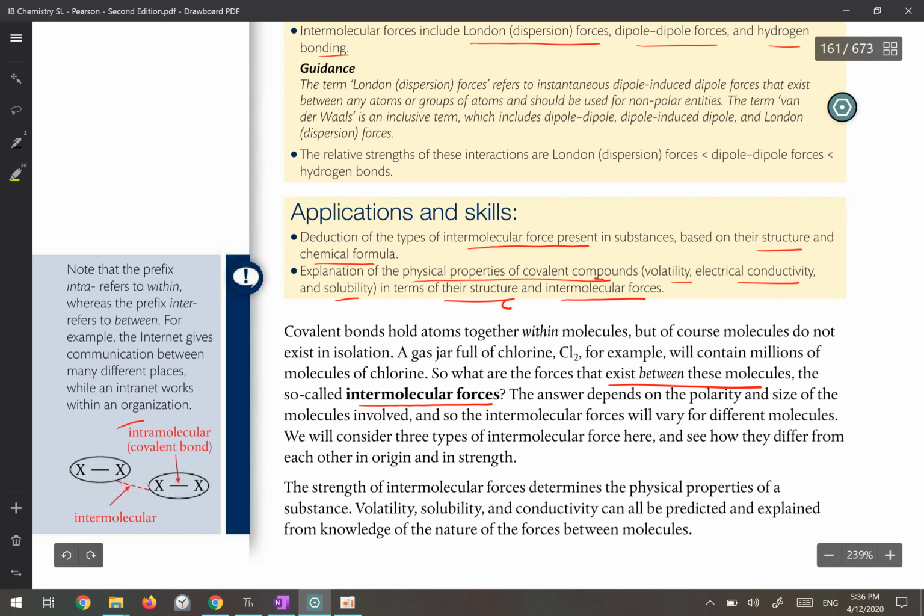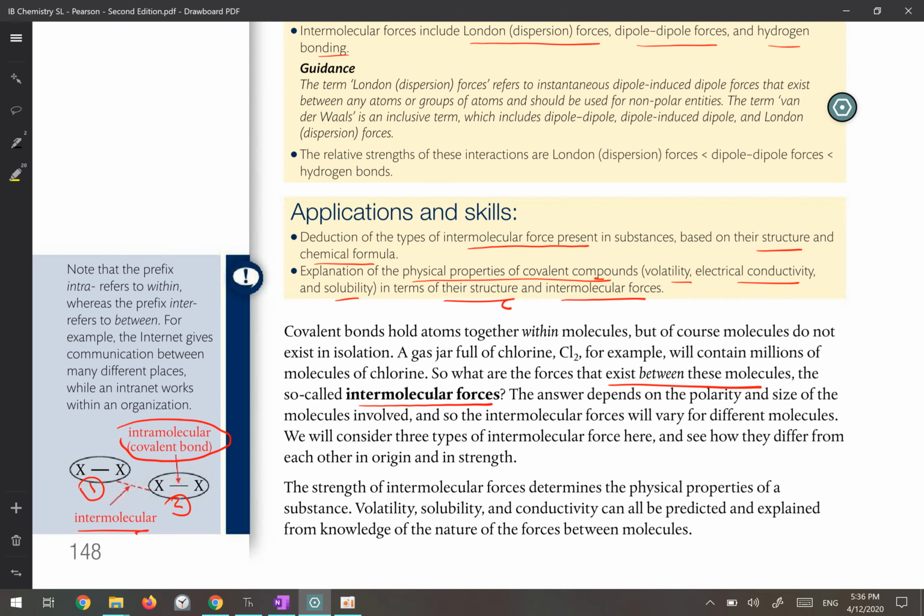One is written intramolecular. Intramolecular means inside the molecule, and those are actually the covalent bonds which form between the atoms, resulting from sharing of the electrons. Intermolecular forces are forces which are available between two molecules, or usually more than two molecules.